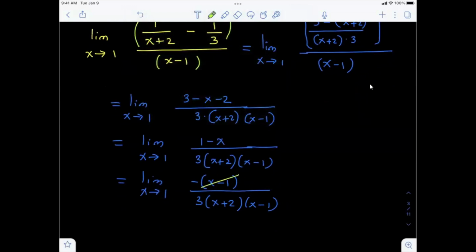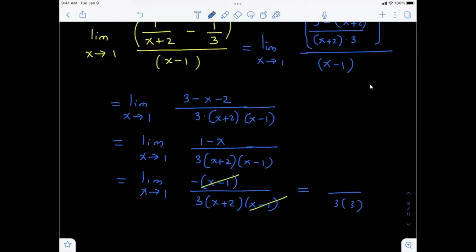The bad factor holding us until up to this point is x minus 1, which would bring both the numerator and the denominator to 0 at the same time. Now, once you get rid of that, you can plug x equals 1 in this. And when you do that, the denominator gives you 3 times 1 plus 3, it's 3.